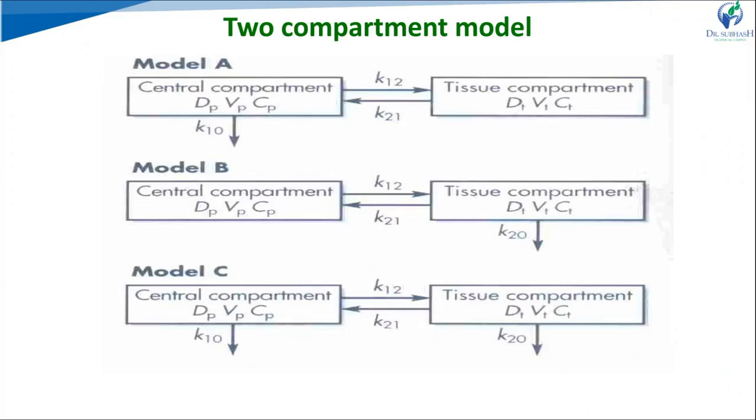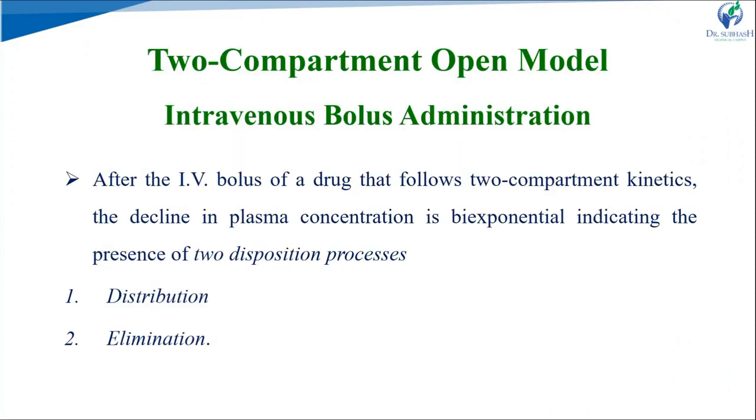In the second, it enters the central compartment, distributes to the peripheral, and is eliminated from the peripheral compartment. In the third, model C, it enters the central, distributes to the peripheral, and is eliminated from both. But in the multi-compartment model, the assumption is that the drug is eliminated only from the central compartment.